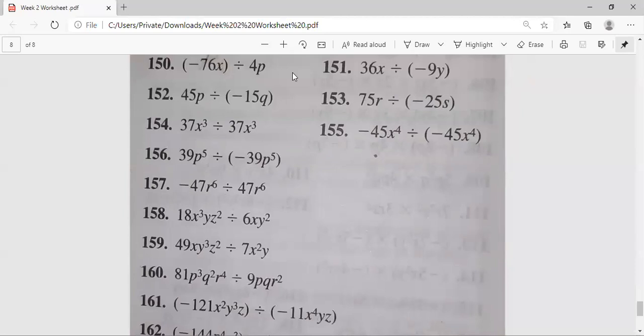I want you guys to write these two down very quickly. Work it out, and then when we come back, you will produce the answers to me. Because 1 minute remaining. So write it down, come back, and produce the answers to me.